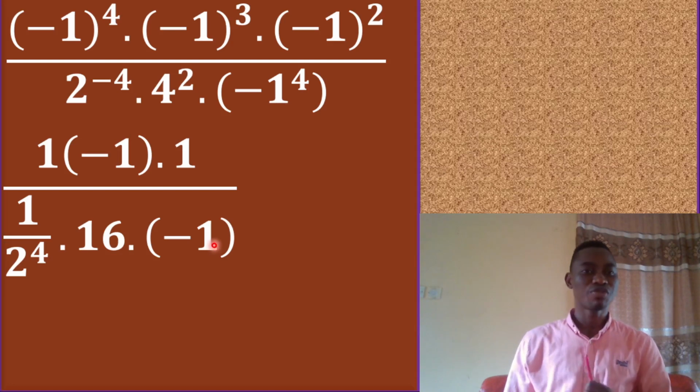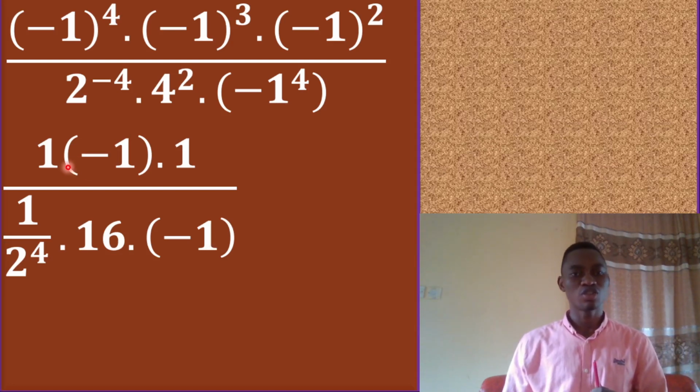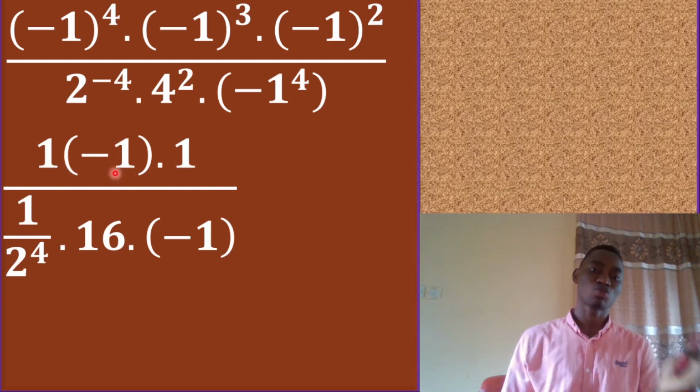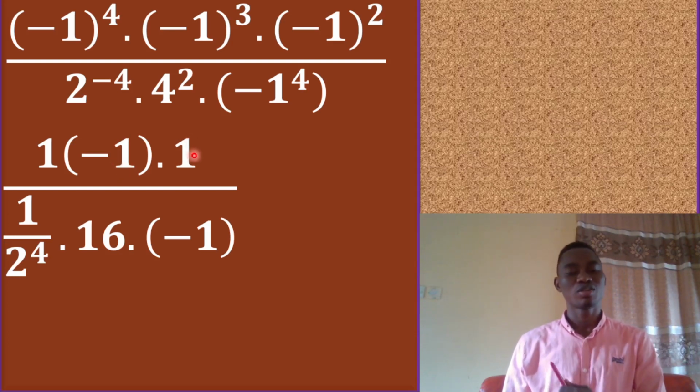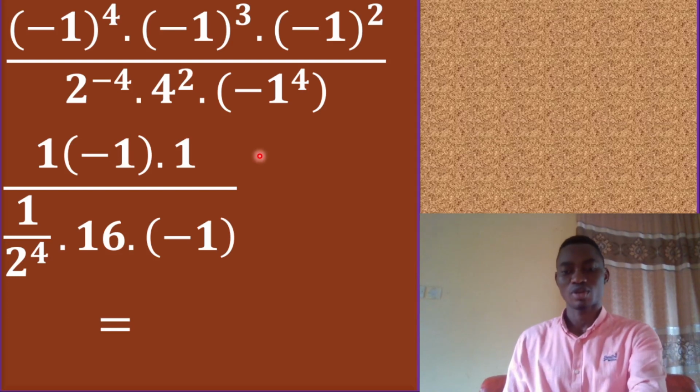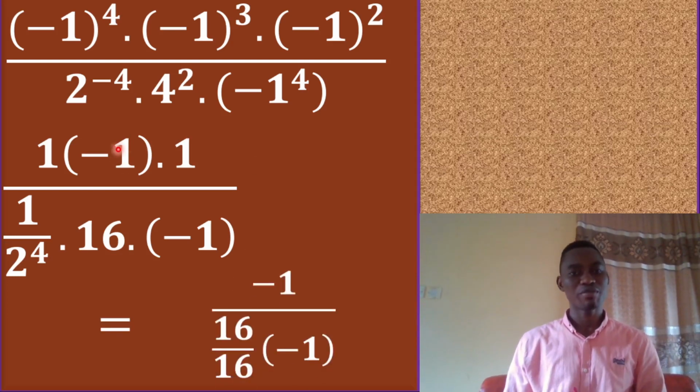Okay, let's move on. Of course, in this numerator, we are getting minus 1 as our answer. Why? 1 times minus 1 is minus 1. Then minus 1 times 1 is what? Minus 1. Okay, so let's see that. Okay. So we are having minus 1 in the numerator.